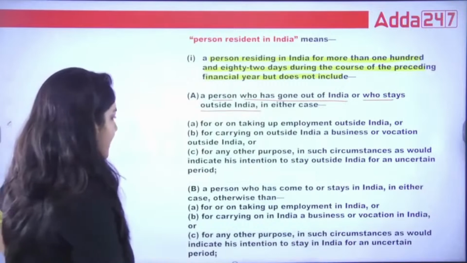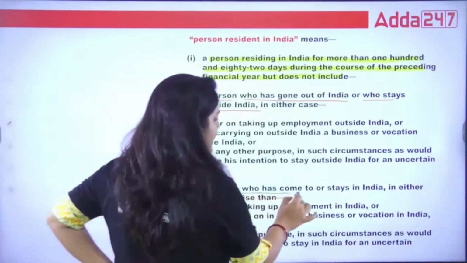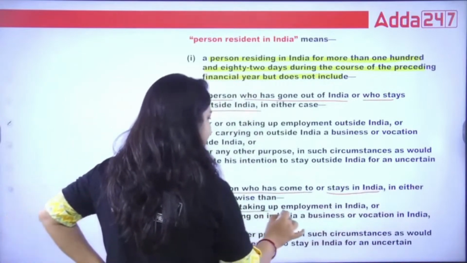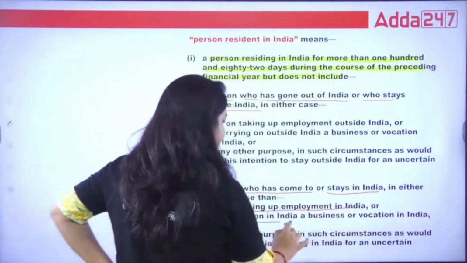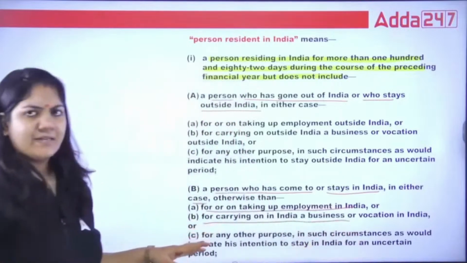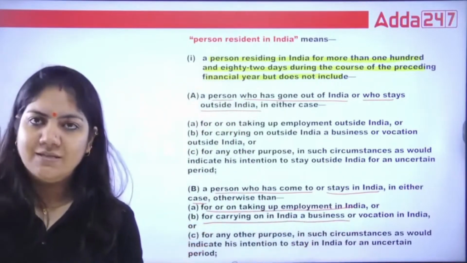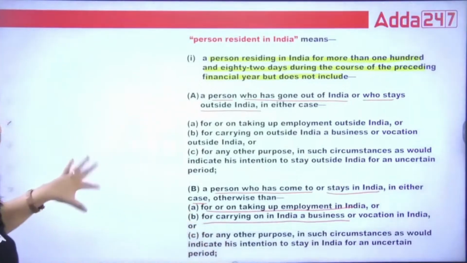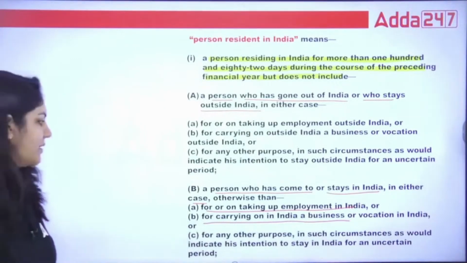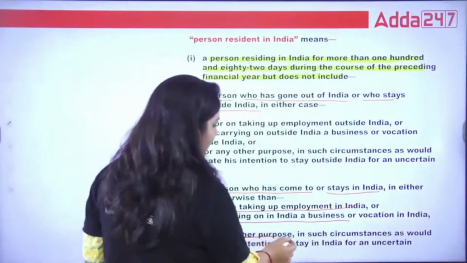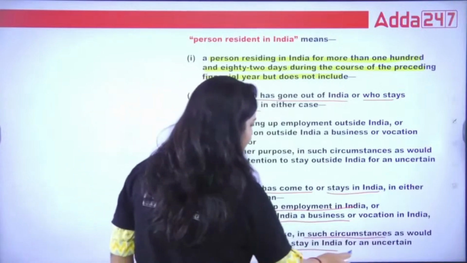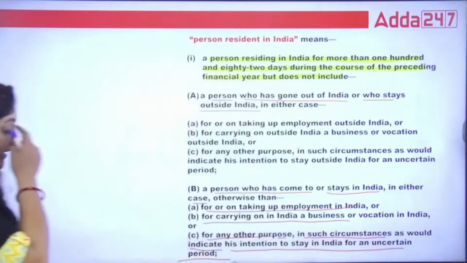See, a person who has come to stay in India for purposes other than taking employment in India or carrying on any business in India. It means that basically they do not want to stay in India or do any business. So these persons will not be included in this, or any other person in such circumstances as would indicate his intention to stay in India for an uncertain period.